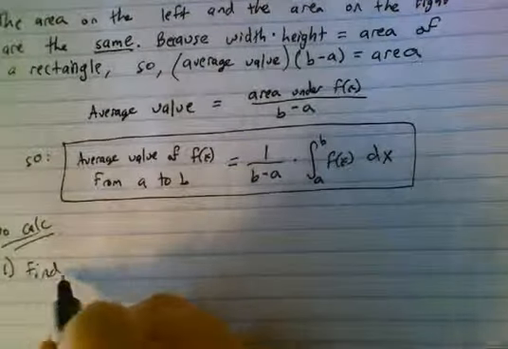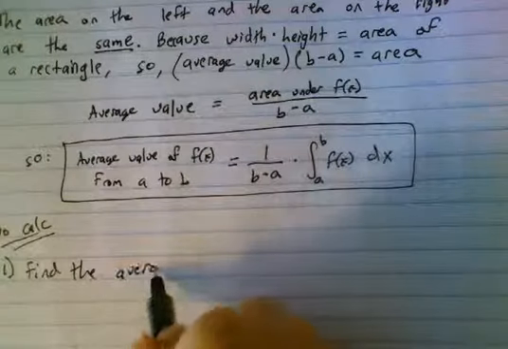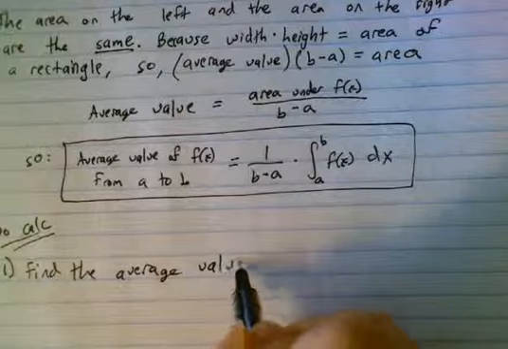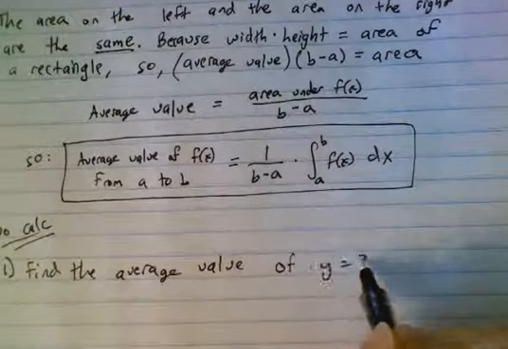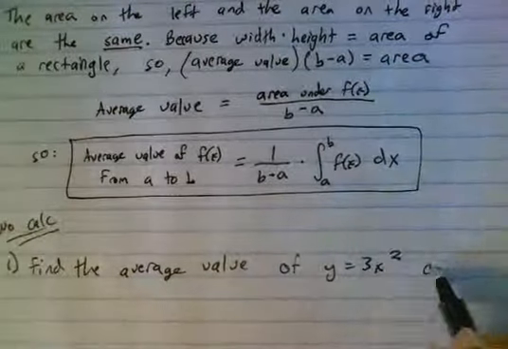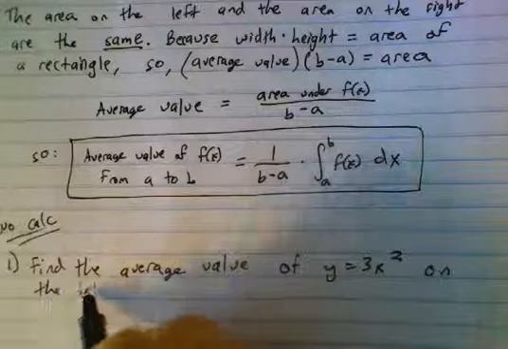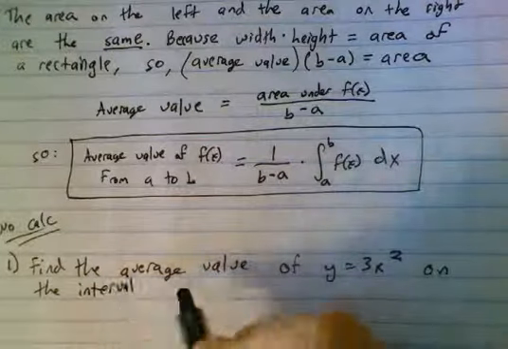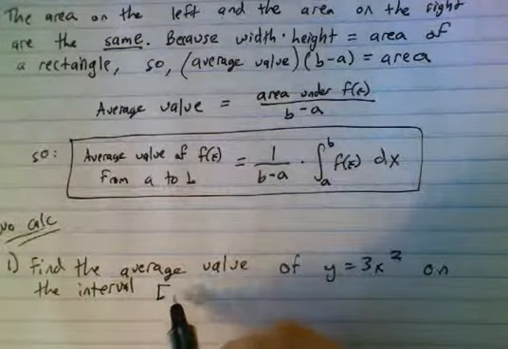Let's find the average value of y equals 3x squared on the interval from -2 to 2.